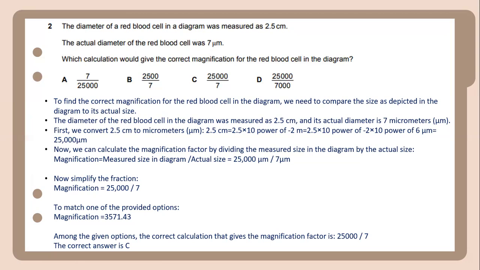Now we can calculate the magnification by dividing the measured size in the diagram by the actual size. Magnification is equal to measured size in the diagram divided by the actual size. You get the value of 3,571.43. So among the given options, the calculation that gives the magnification is 25,000 over 7, and the correct answer will be C.